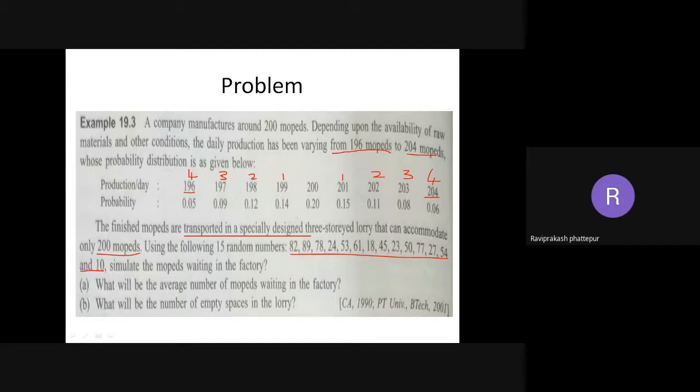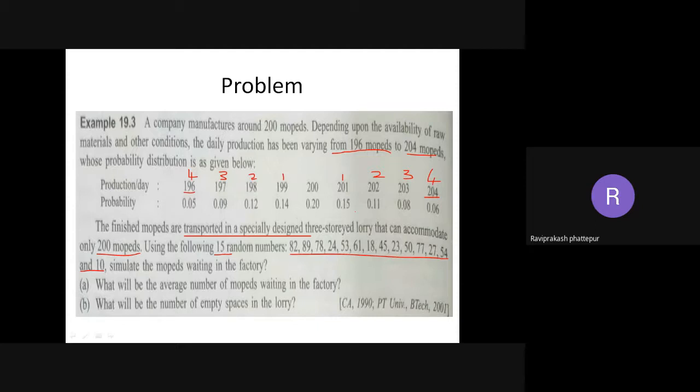So the important thing is production per day they have given, probability they have given, and they have given the 15 random numbers. So the number of random numbers they have given, it will be for those many days or hours or whatever. In this case per day they have given. So you want to simulate it for 15 days, and the production is from 196 to 204.